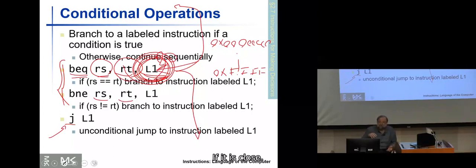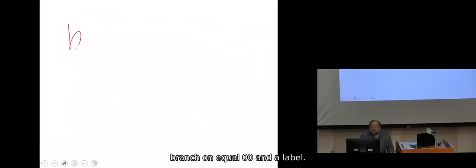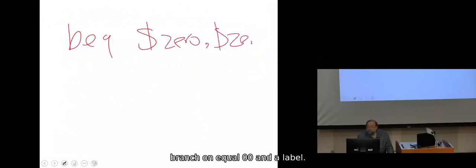If it is closed and we want to do that, maybe we could do some branch with some condition that is always true. For example, we write branch unequal, 0, 0, and a label.